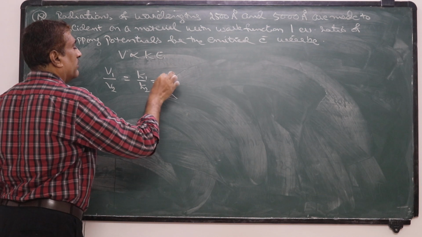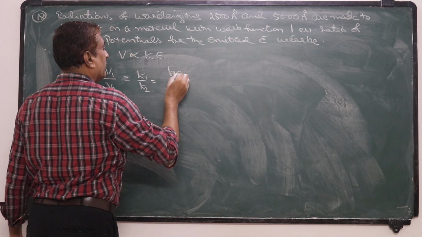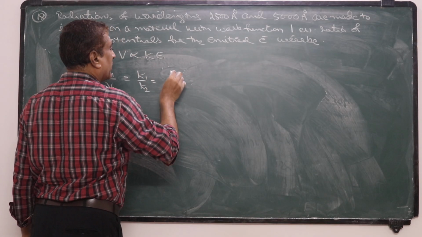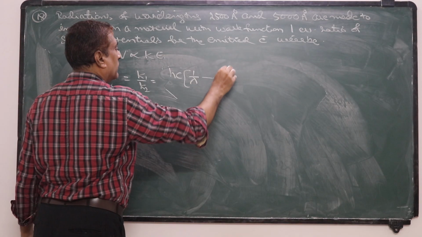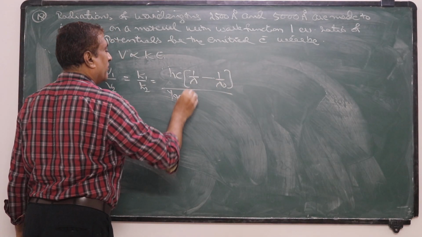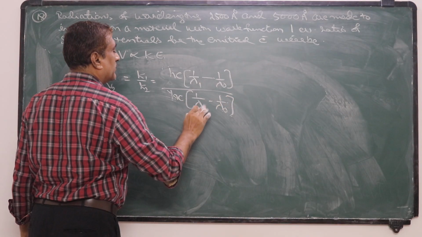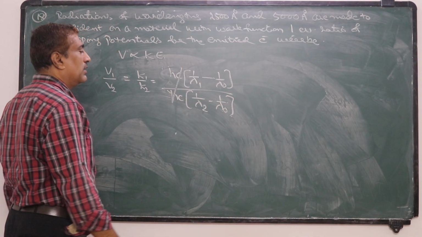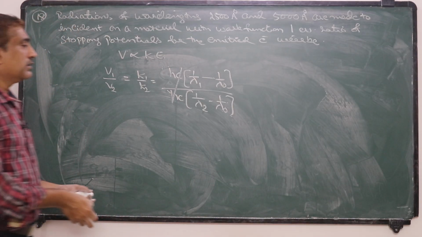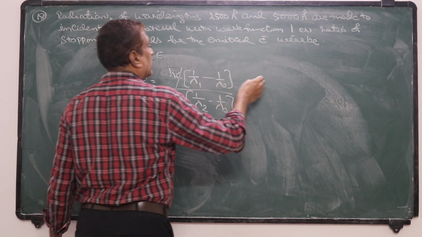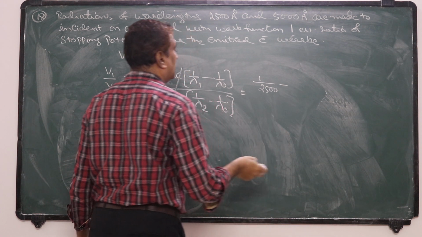Given in wavelengths, K1 we can directly write as Hc into 1 by lambda 1 minus 1 by lambda 0, divided by Hc into 1 by lambda 2 minus 1 by lambda 0.